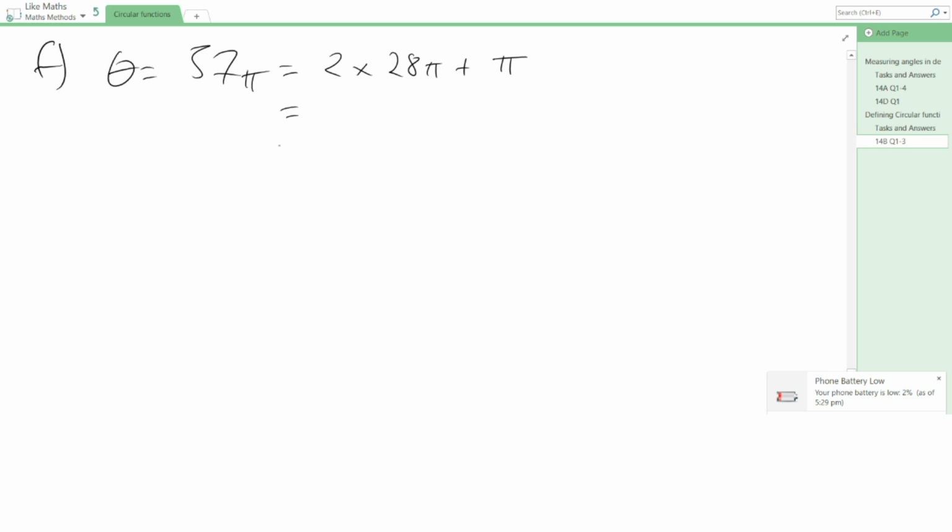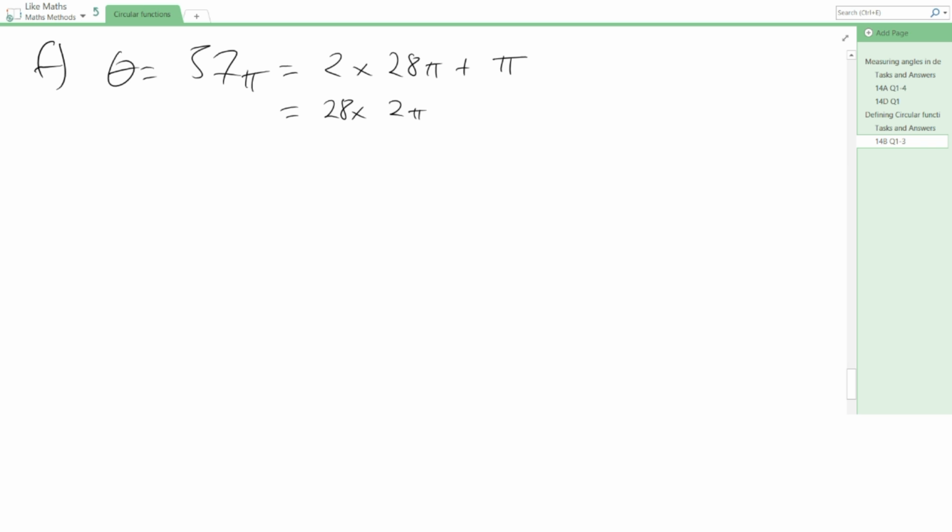You can also write that as 2 times 2 pi, 28 times, plus a pi.